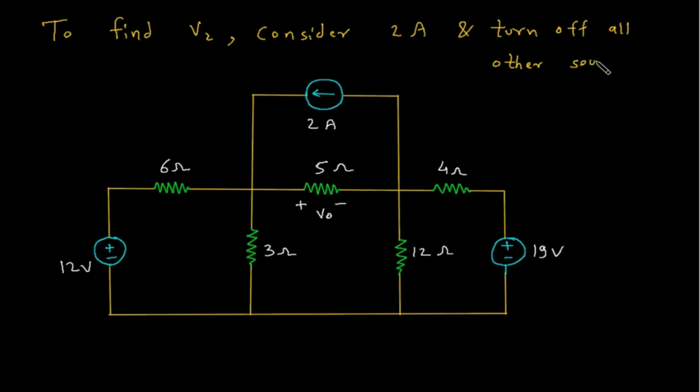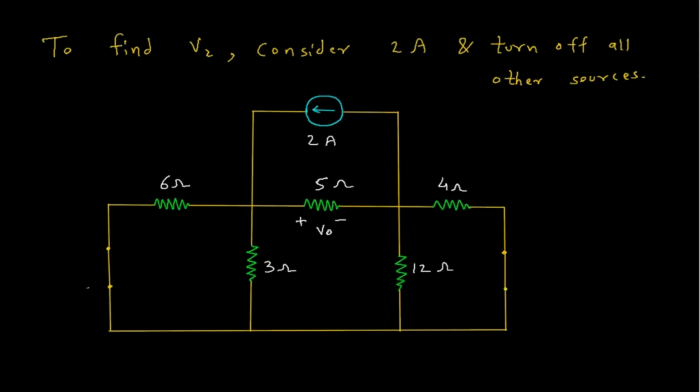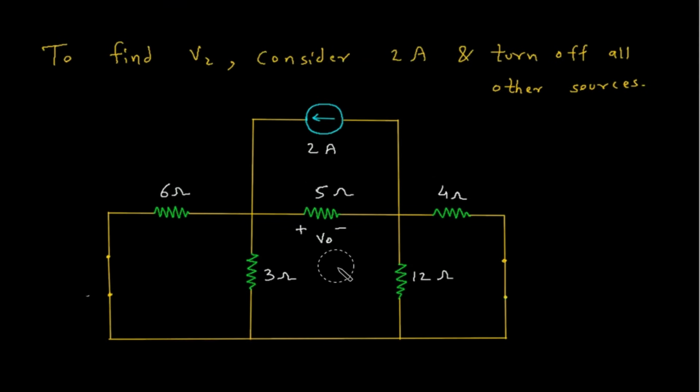Since these are voltage sources, they will be turned off and short circuited. Also this will be V2 because we are finding V2.